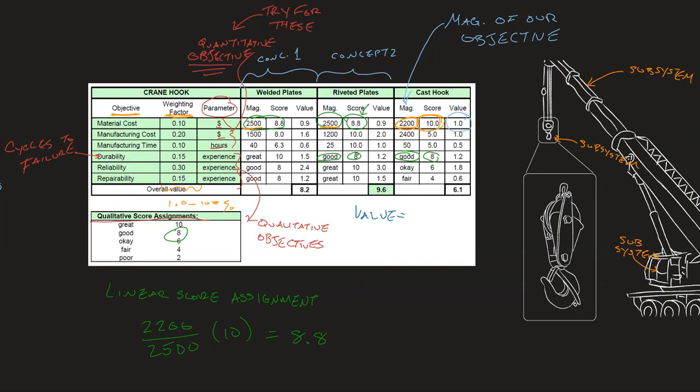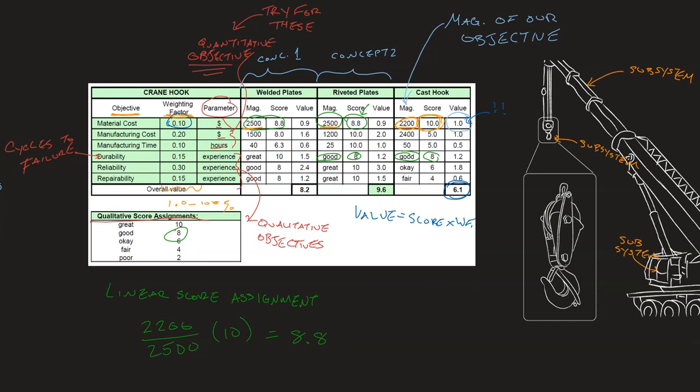So my value is equal to score times my weighing factor. So we can see, okay, cool, my score is 10. My weighing factor is 0.1. So 0.1 times 10 equals 1.0. Cha-ching, I've got my 1.0. And then we sum up all of our values to get a total value, a total score for my design.